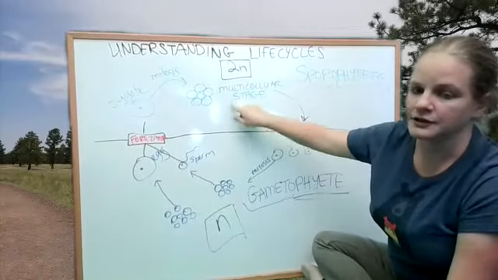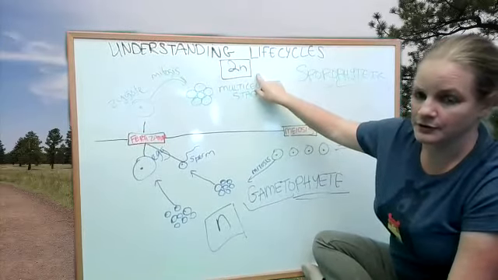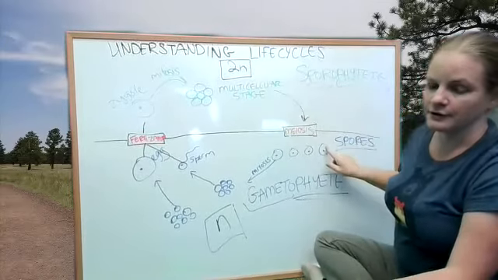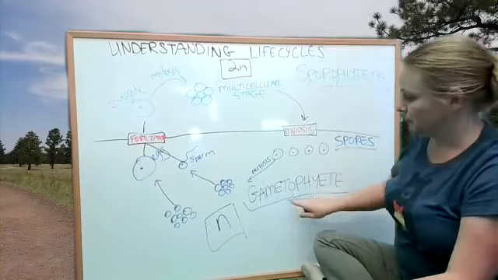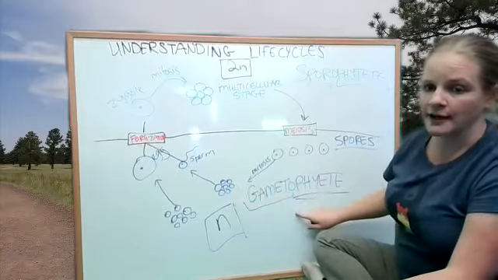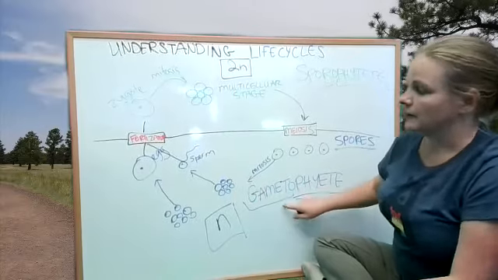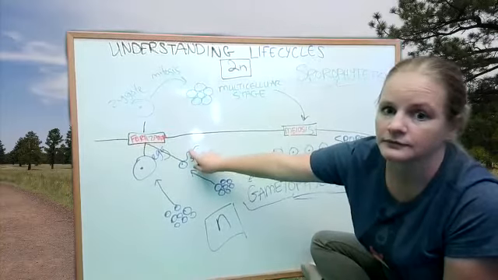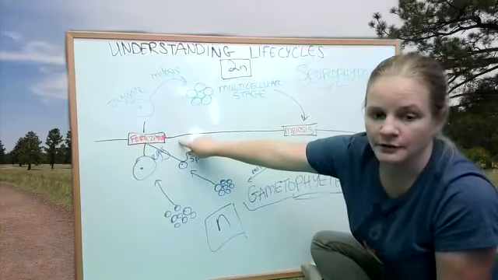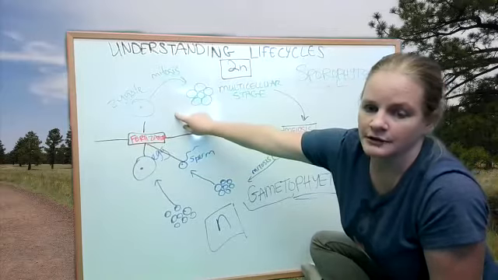This diploid sporophyte undergoes meiosis to make haploid spores. Those grow into our multicellular gametophytes that produce gametes. Those gametes fuse through the process of fertilization to make a diploid zygote.